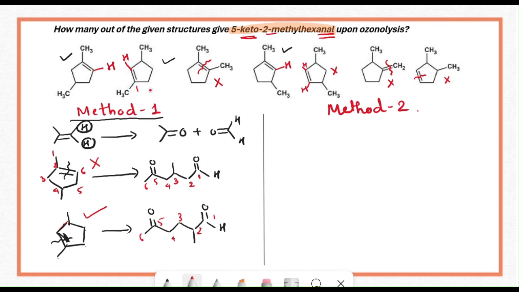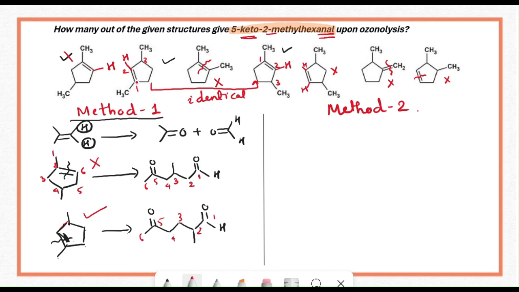Now let's compare the structure with the fourth molecule, like how we did here. So if I number from here, 1, 2, 3, 1, 3 dimethyl. This is also 1, 3 dimethyl. That means this and this molecule, they are identical. So we have already ruled out the other molecules. Just now we have ruled out this molecule also.